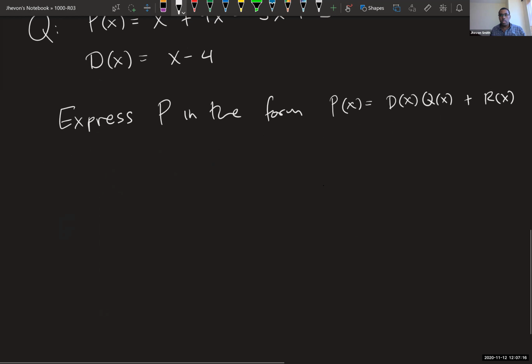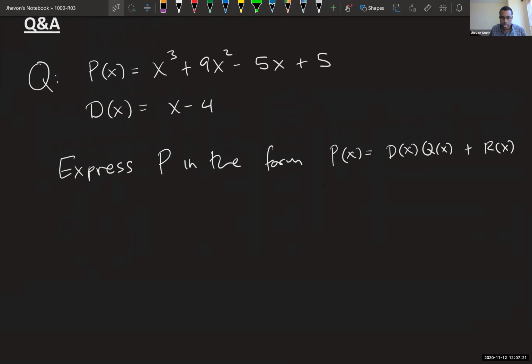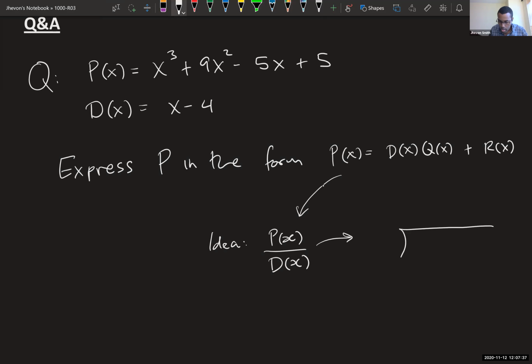So this comes from the long division. Remember when you're doing long division, the idea here is you're going to take the p and you're going to divide by the d, right? And that's going to lead you to this long division setup here, where the d is going to be the guy on the outside, the p would be the guy on the inside, and the q is the guy that shows up here. They call it q because it stands for quotient.